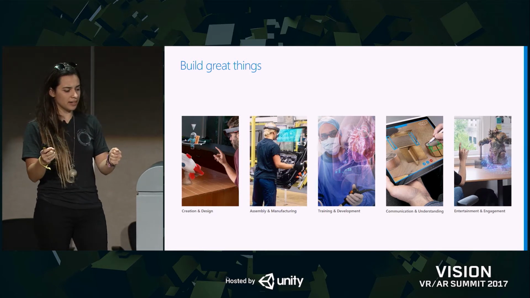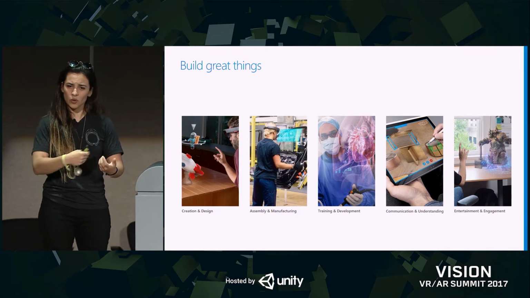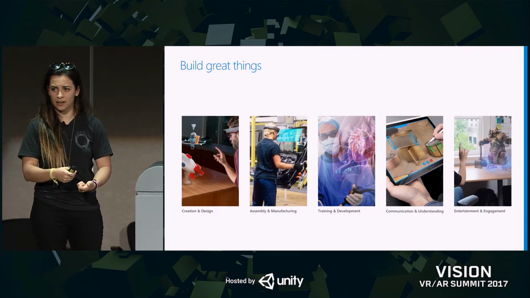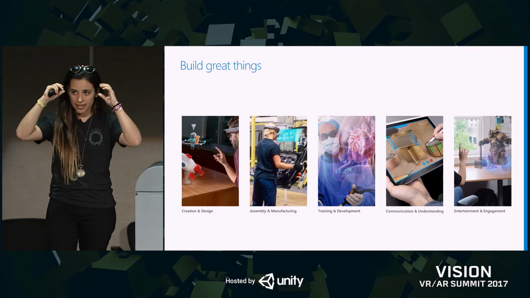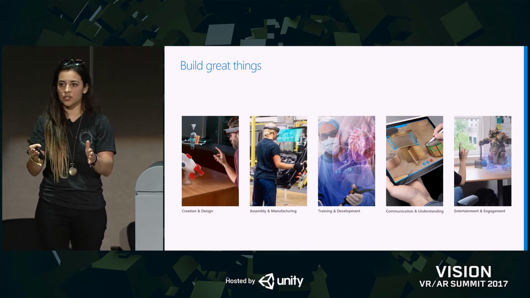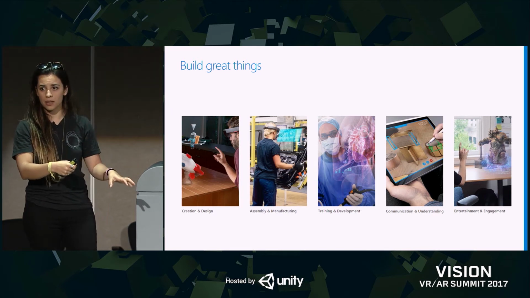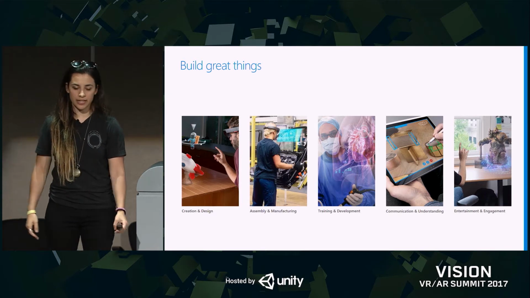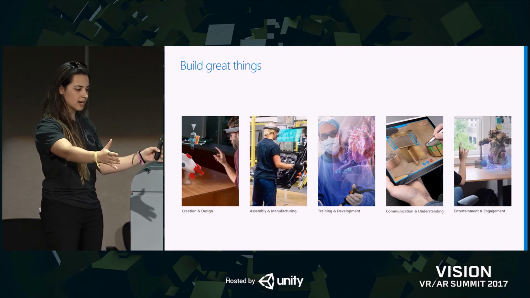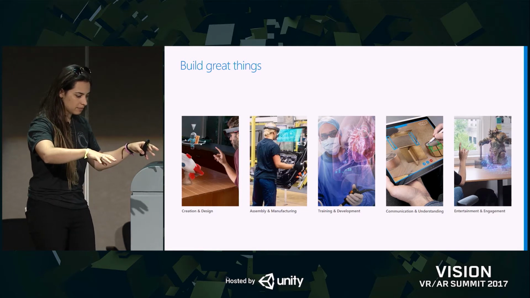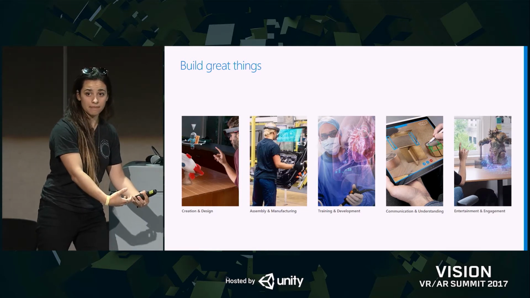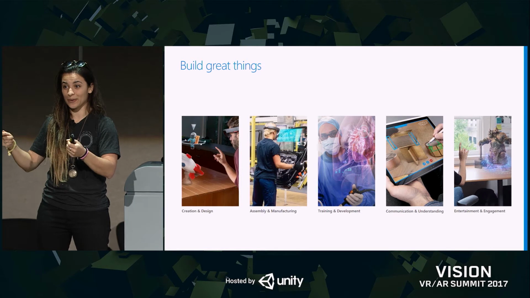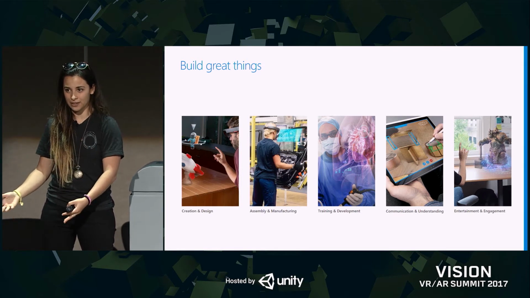Instead of having a tablet or piece of paper where they would check things off, they would just put on the headset and see exactly what they needed to do, which items they needed to grab, and then put them on the cart. So they're going through the factory, like, okay, these are the pieces that I need for this assembly process. Let me grab them, because I'm no longer holding a clipboard or a tablet that can break and drop.